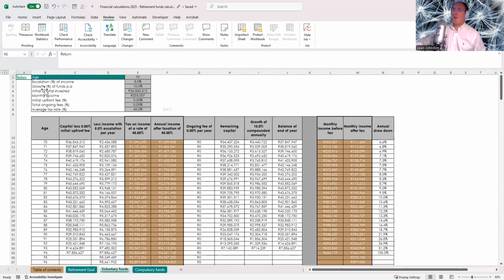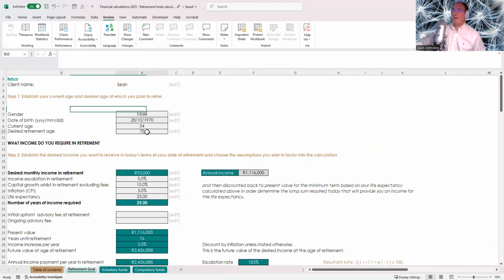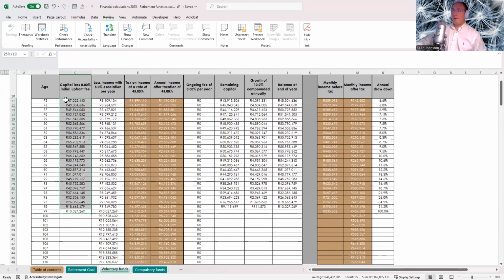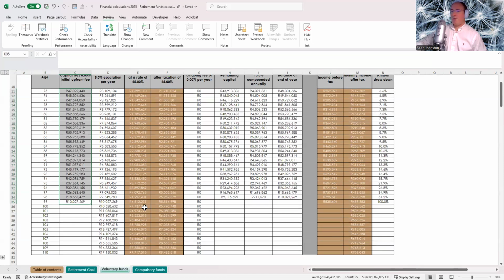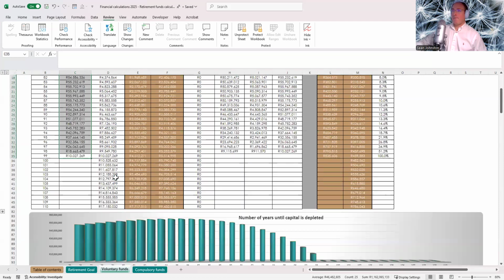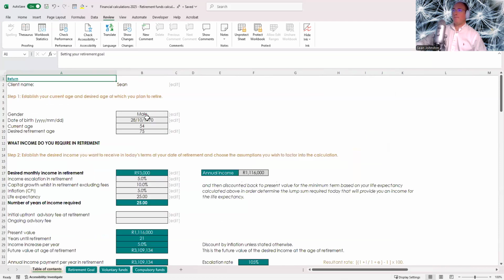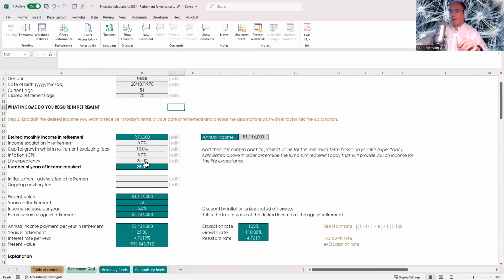If I go and change any assumption over here, let's say I need to make it 75, then it's going to change it to 25 years. And before we said it was, I changed the wrong one.